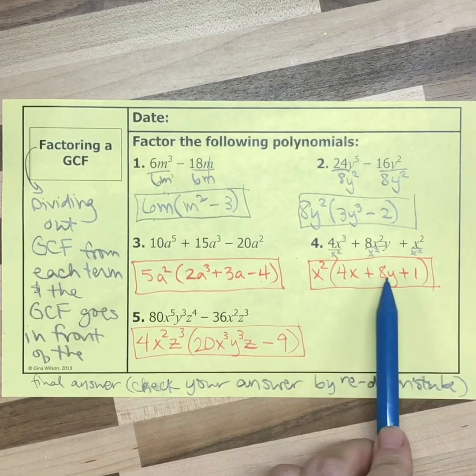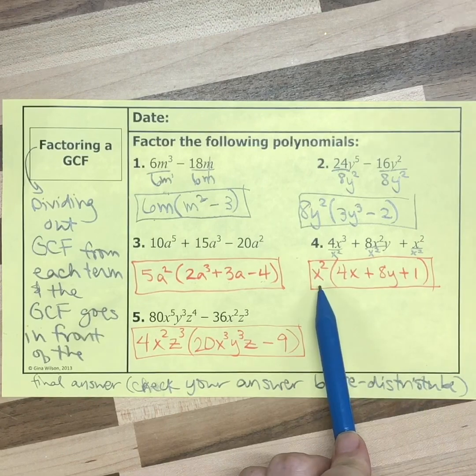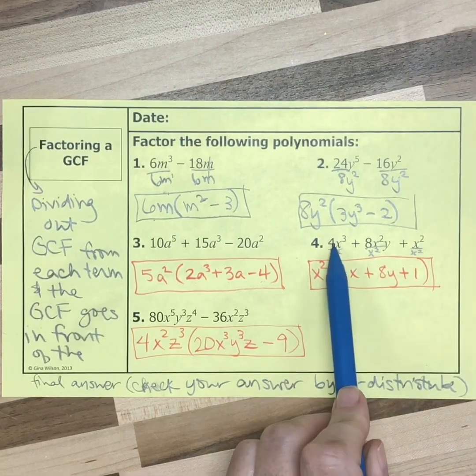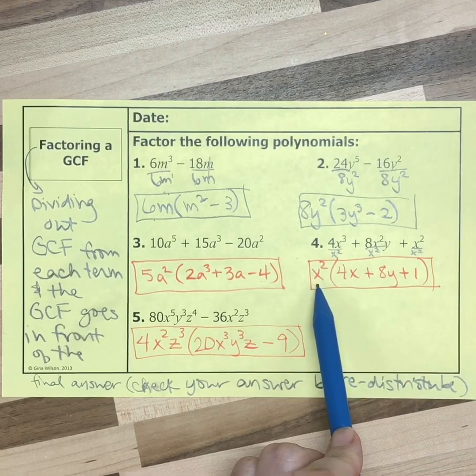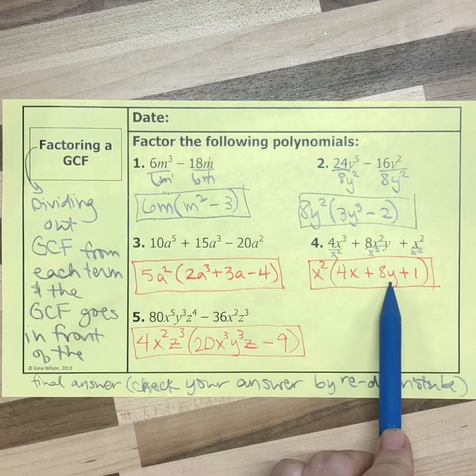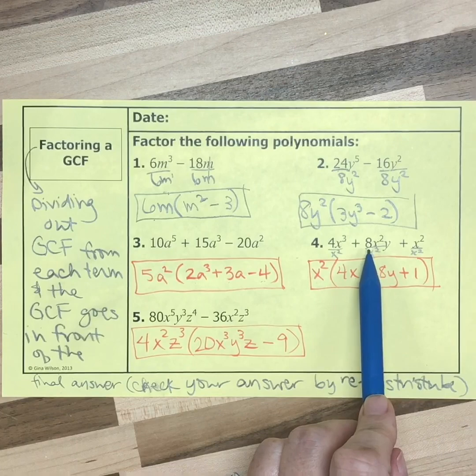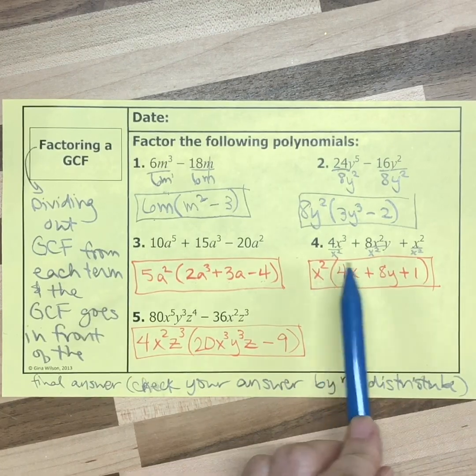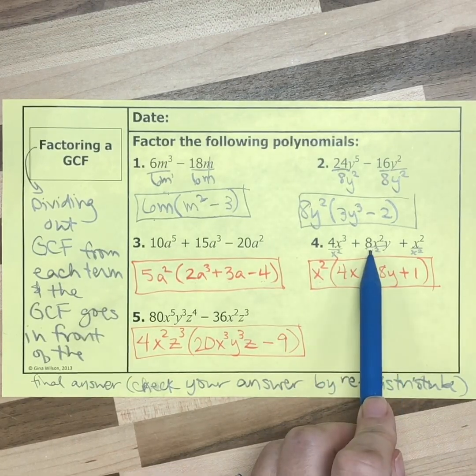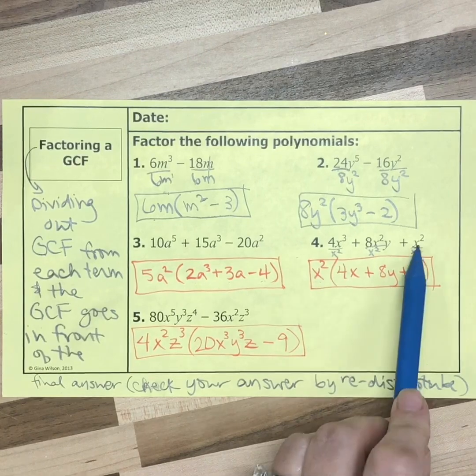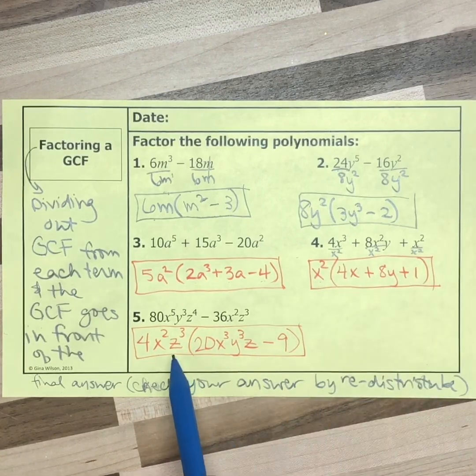So that's where you get your 3 terms. And another way to verify, you distribute x squared times 4x is the original 4x cubed. X squared times 8y is 8x squared y. X squared times 1 is your x squared. And then the same thing for number 5.